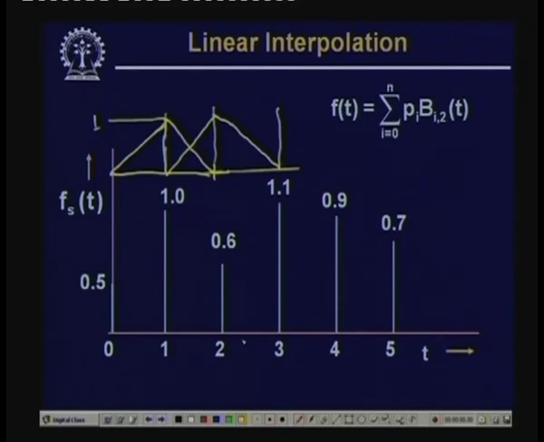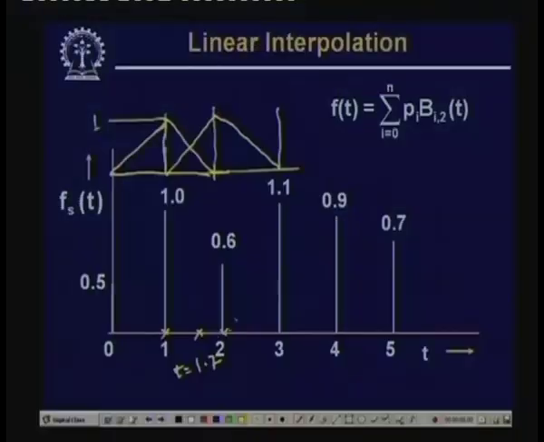So, here again if I want to find out, say for example, the value of the function at t equal to 1.7. I have the functional values at t equal to 1 and at t equal to 2. Now, at t equal to 1.7, I have to approximate the value of this function using its neighboring samples.